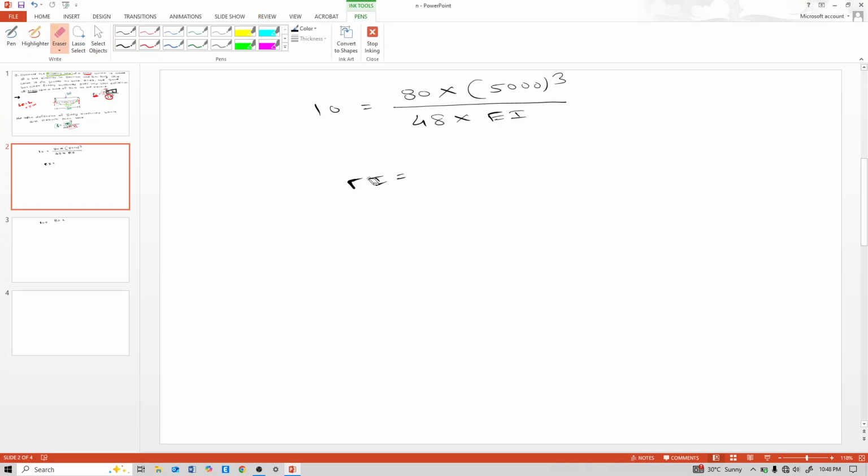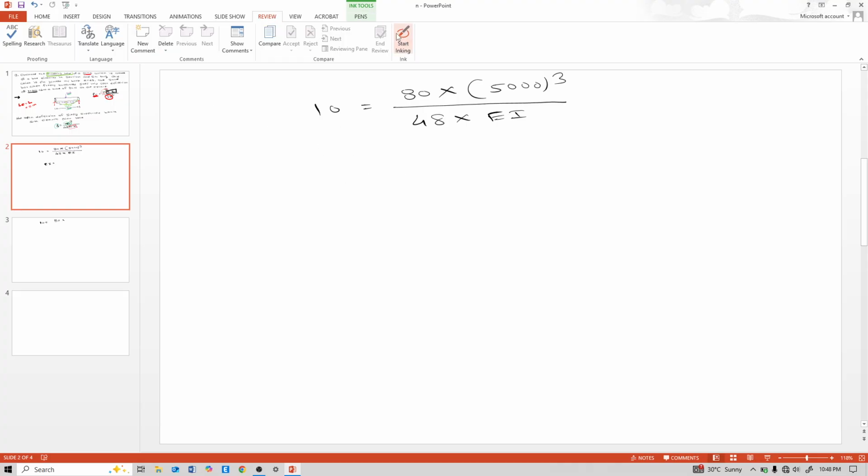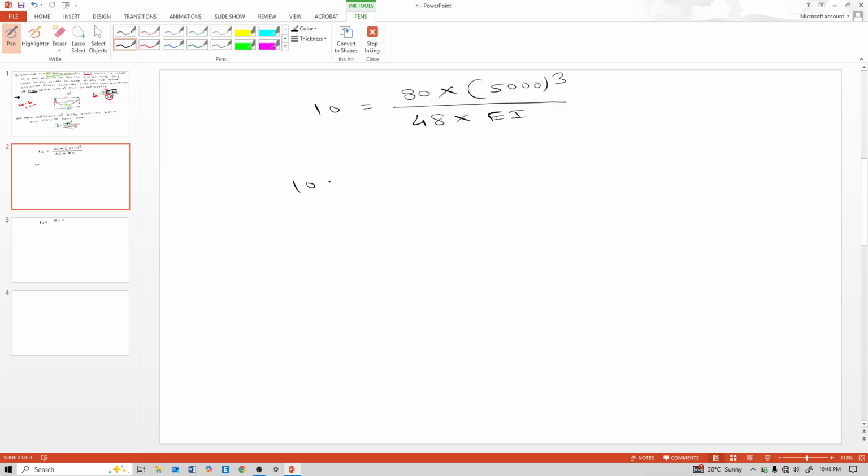This is not 4.8 into 10 raised to minus 11. Sorry for that. Just rearrange this mathematically. 10 into 48 into EI is equal to 80 into 5000 cube. So now calculate EI. Mathematically 80 into 5000 cube divided by 10 into 48, it is 2.084 into 10 raised to 10.